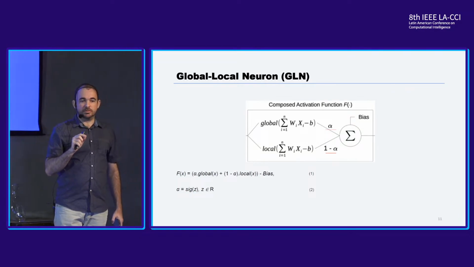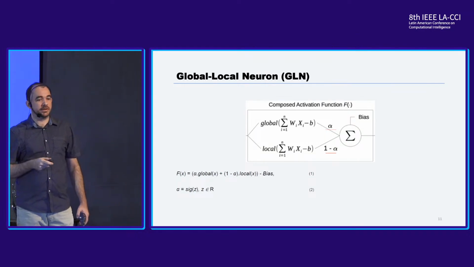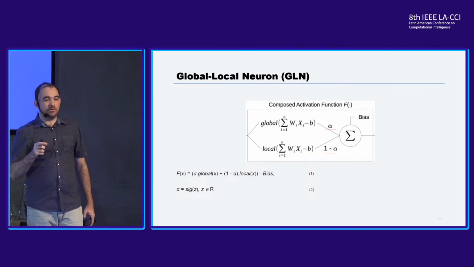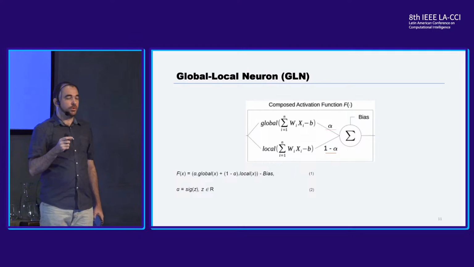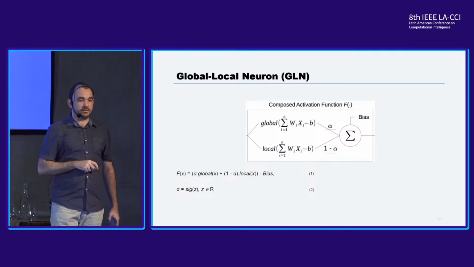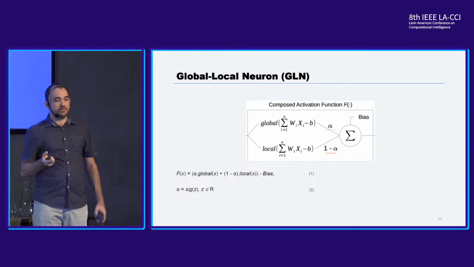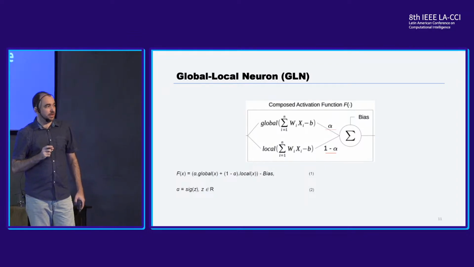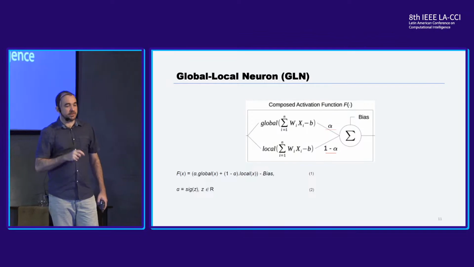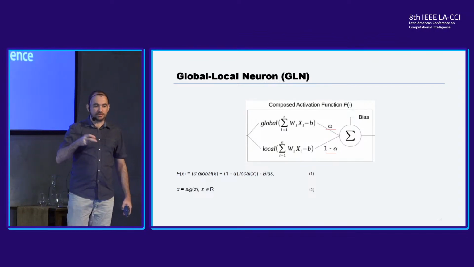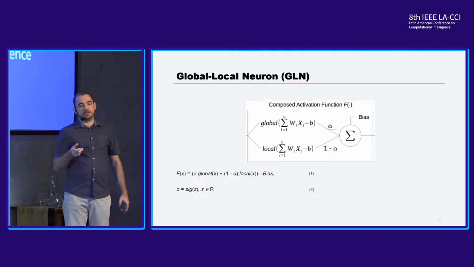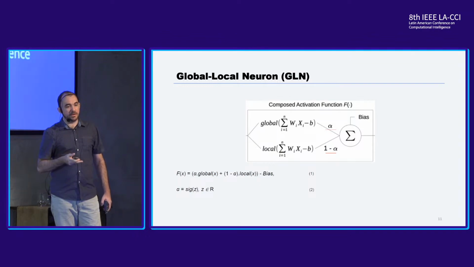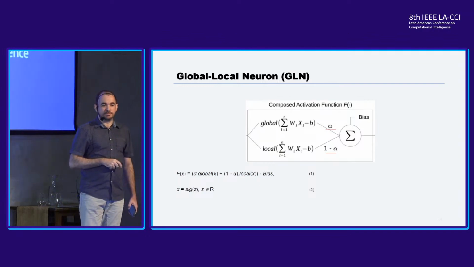For each global-local neuron, we have the alpha weight that is trained in the network. If alpha has the value 1, the GLN chooses the global component of this activation function. If the alpha weight has the value 0, the GLN uses the local component the most. But alpha is between 0 and 1, and the value can be any one of these values.